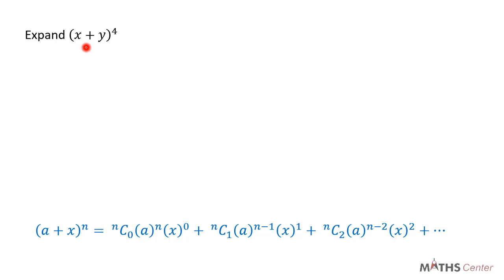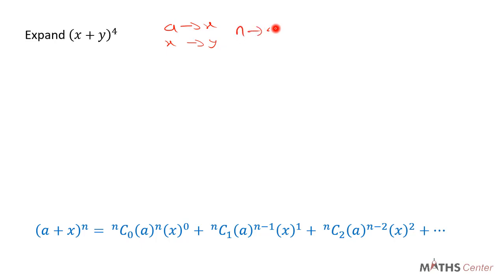When we compare the binomial expression we have here to a plus x exponent n, we can see that a, which is the first term, will be x, then x, which is the second term, will be y, and then n, which is the exponent on the binomial expression, is 4.